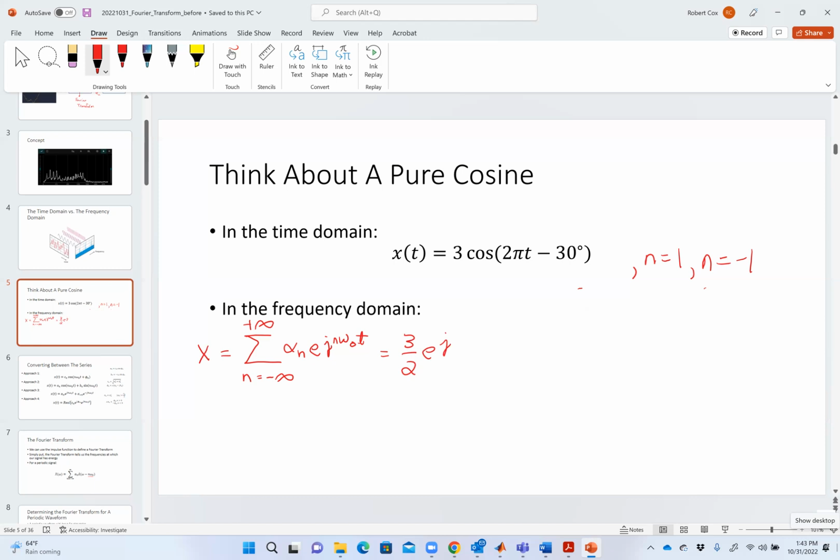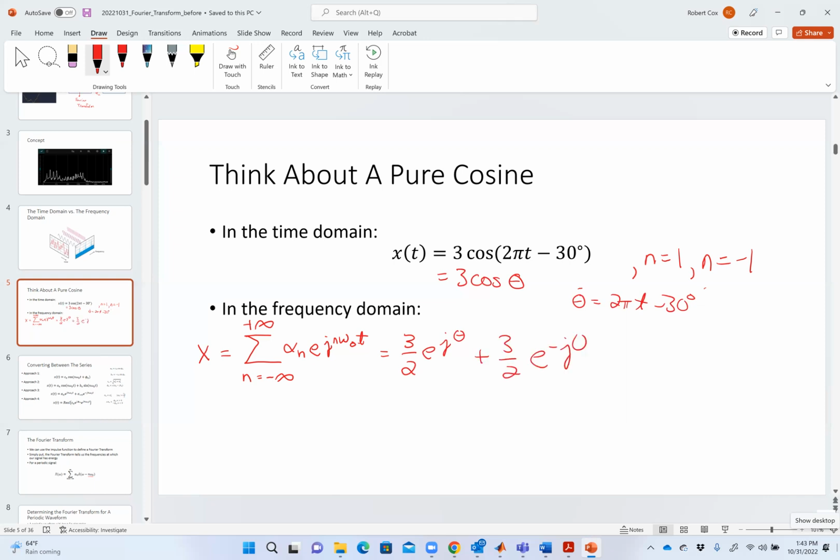All right, let's do it. 3 cosine theta, where theta equals 2 pi t minus 30 degrees. I can write this as 3 halves e to the j theta plus 3 halves e to the minus j theta.